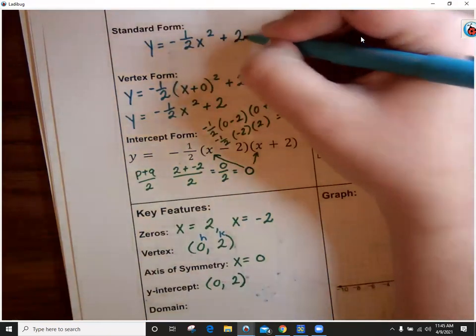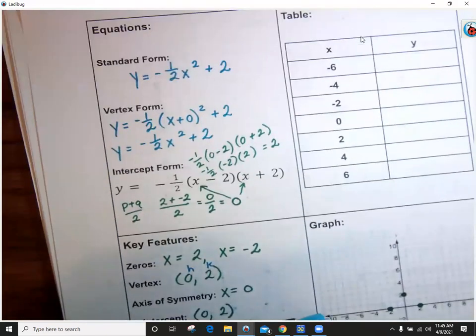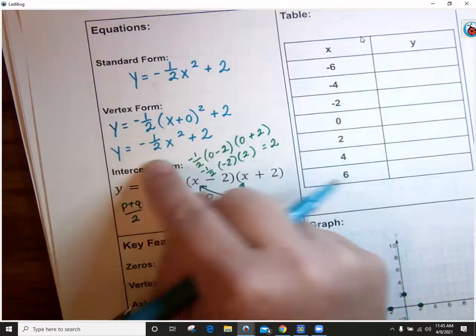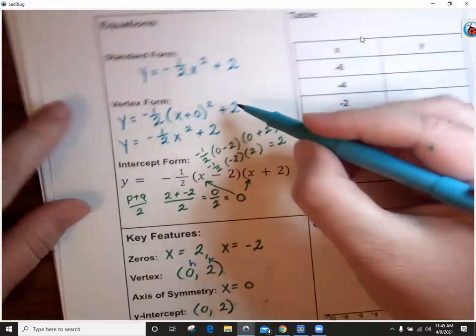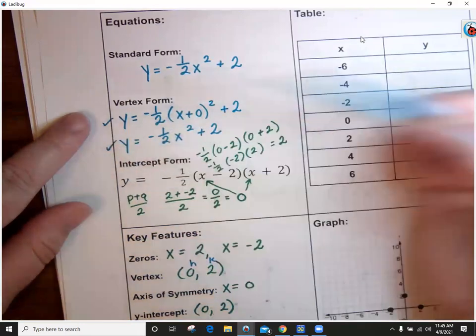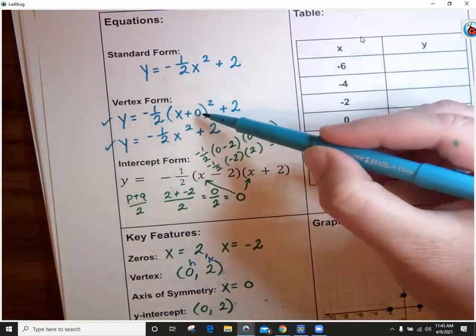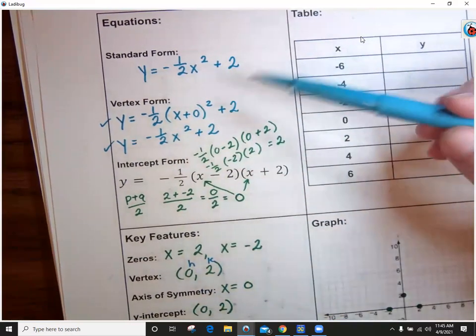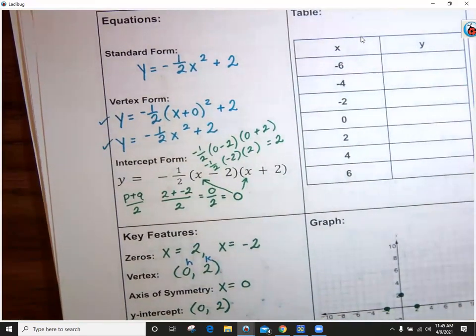So you don't have to do any more work to get standard, because when we simplify that 0 out, we just have it. Okay, for vertex form, I would accept either one of these. You can leave the 0 there, or you can simplify the 0 out. And in that case, your standard form and vertex form would be the same.